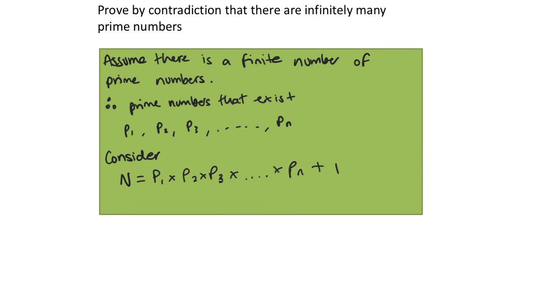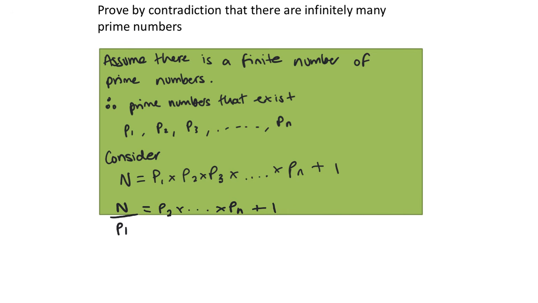We've considered n because, for example, if we did n divided by P1, we would end up with a product of prime numbers, so this one would be like P2 to Pn. But the whole point is that we're going to have a remainder of 1. We're always going to have a remainder of 1.